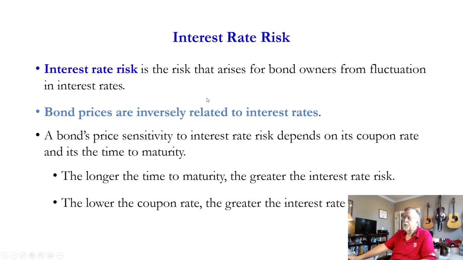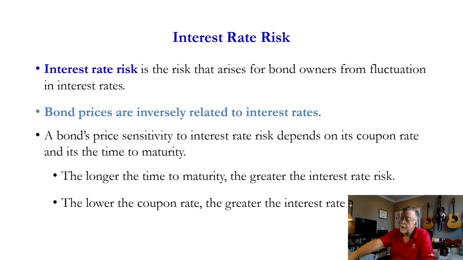Interest rate risk, then, is the risk that arises from this fluctuation in interest rates. You're really taking on risk when you buy a bond, and you have to be able to realize that. Again, bond prices are inversely related to interest rates and very sensitive.